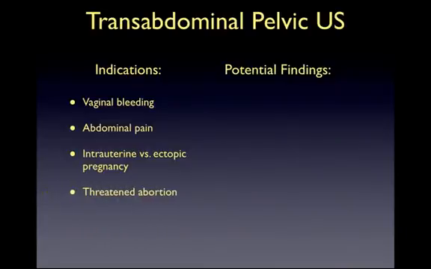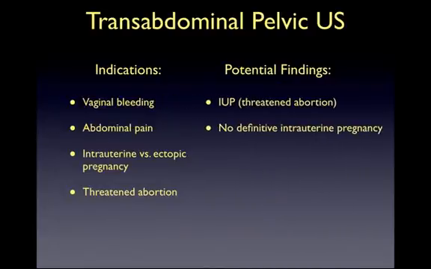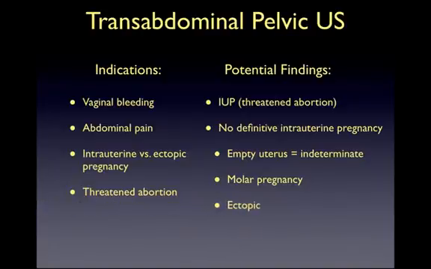Potential findings can include an intrauterine pregnancy or a threatened abortion, no definitive IUP, in which case the differential diagnosis would include an empty uterus or indeterminate pregnancy, molar pregnancy, or ectopic pregnancy. An additional potential finding on transabdominal ultrasound would be retained products of conception.